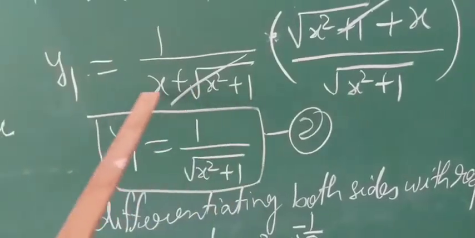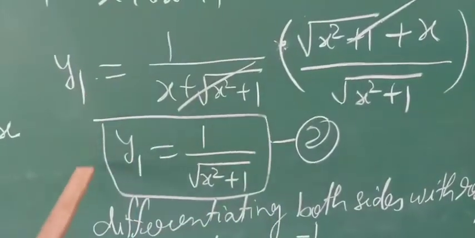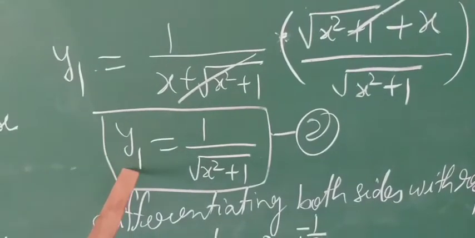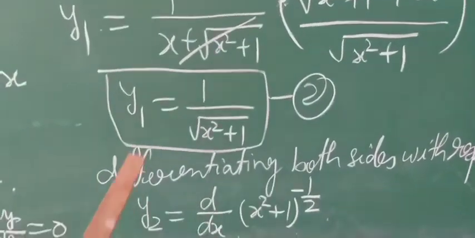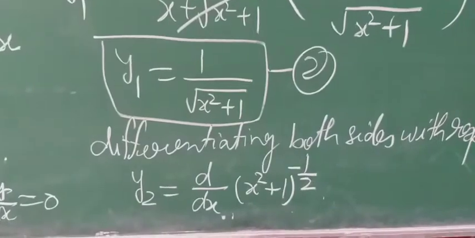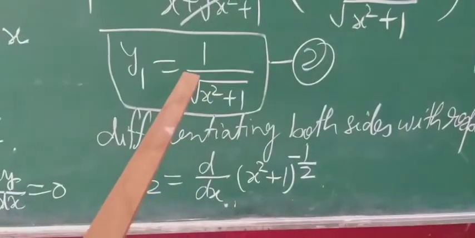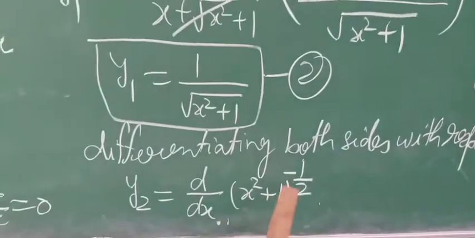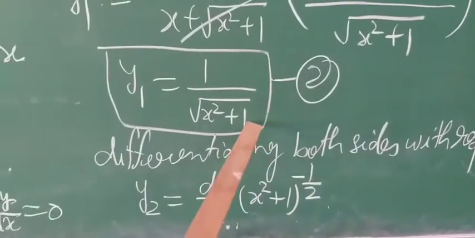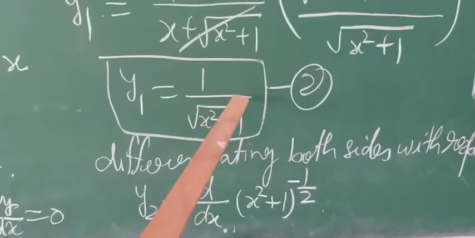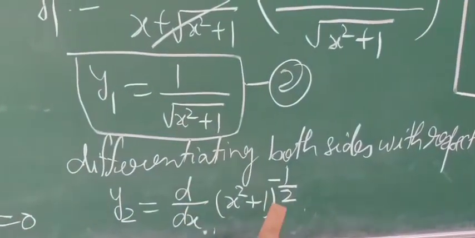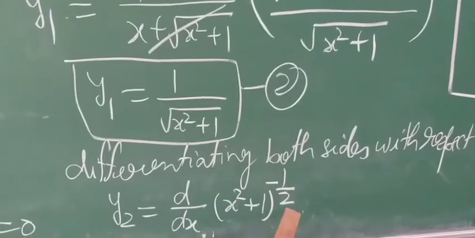Now again I am going to differentiate it with respect to x, because we need the second order derivative also. So the derivative of y1 is y2. This part can be written as (x square plus 1) to the power minus 1 upon 2.